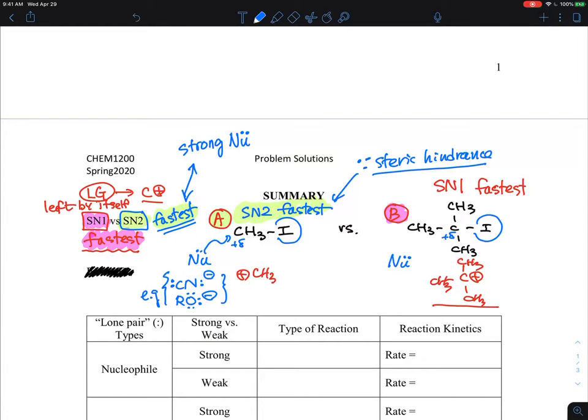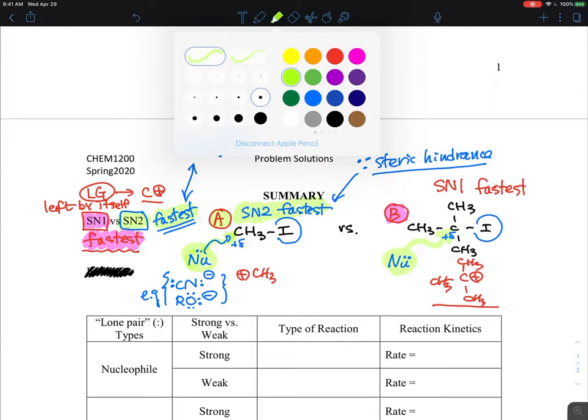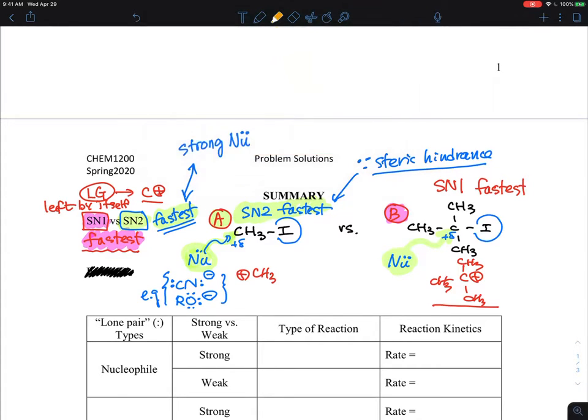So when this hovering nucleophile is trying to make a bond with the carbon, this carbon has three hydrogens, which occupy only a little space. We can compare that with this nucleophile trying to make a bond with this carbon, which is, quote unquote, buried under these three bulky methyl groups, right?